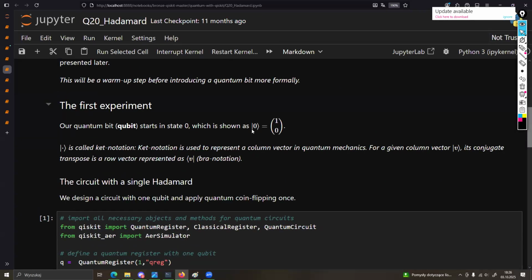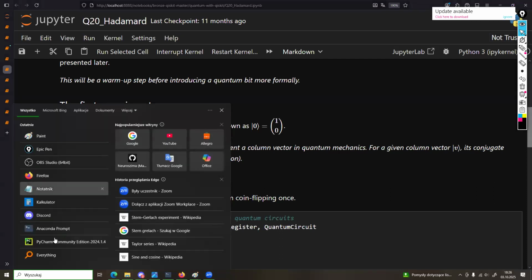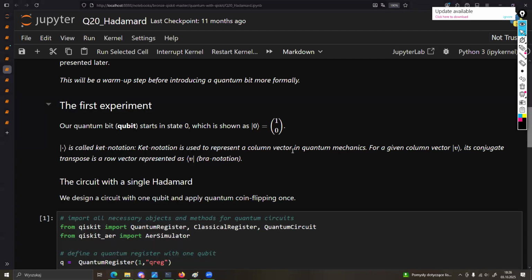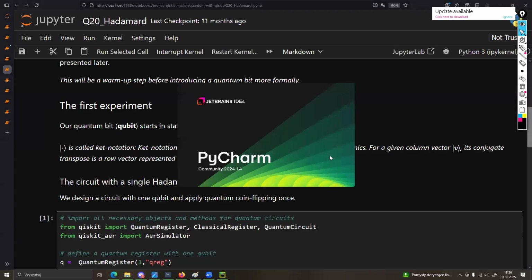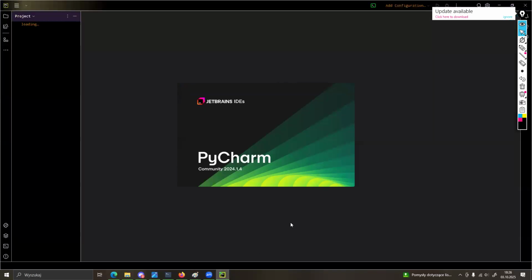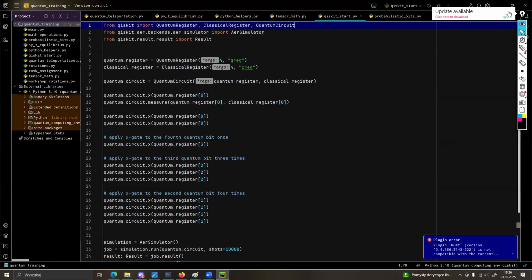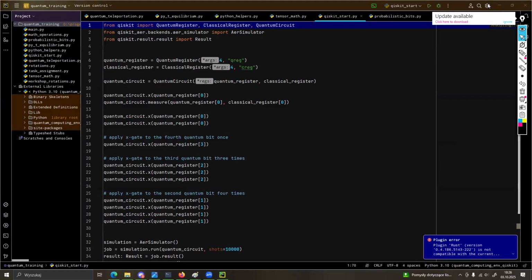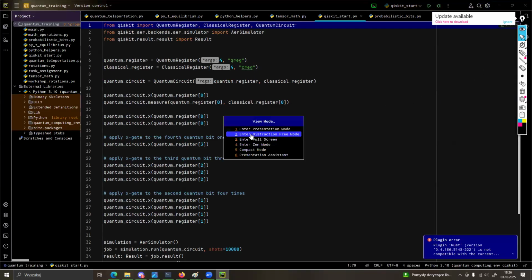So recall that what I told you yesterday is that we always start from the state 0. And recall that yesterday we applied an X gate onto our qubit, right? I will open up my PyCharm as well. And let me also open it in the presentation mode.